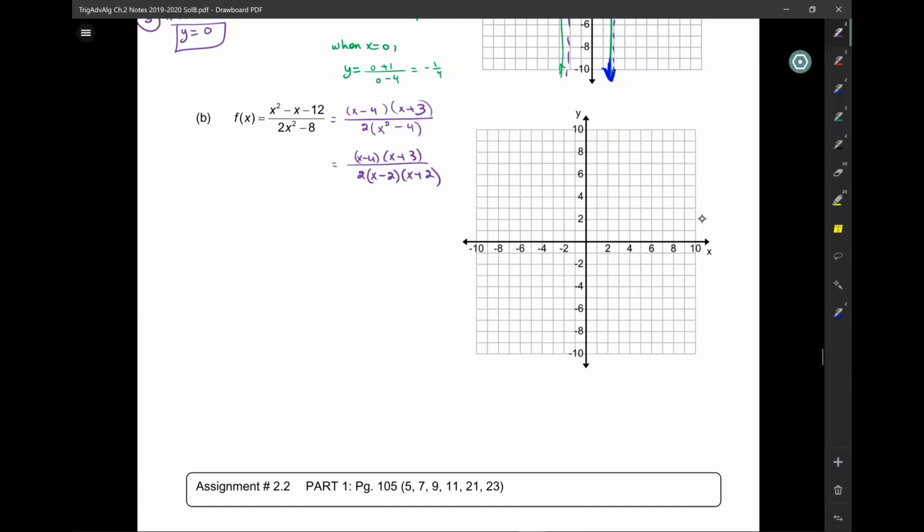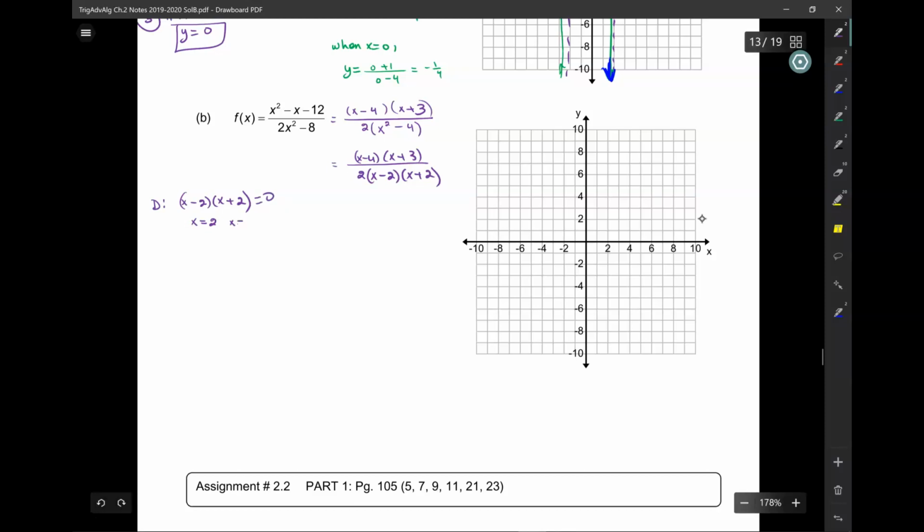So now, for the domain, I'm going to set the denominator equal to 0. It doesn't matter, I like to do the factored one. It's easier. I did leave out the 2 because it was going to divide out.